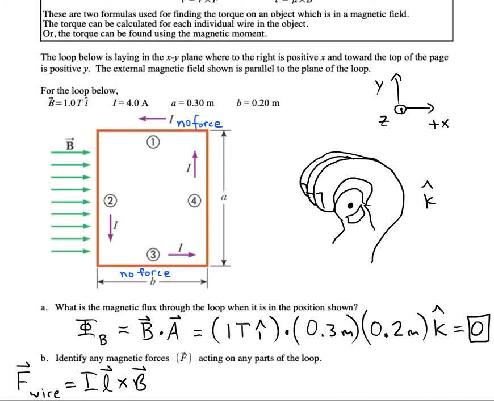To figure out the direction of the forces, just point your pointer finger in the direction of current, and then let your middle finger go in the direction of the B field. All right, I'll see if I can draw that here. Finger points this way. The middle finger points this way. So that's the pointer.